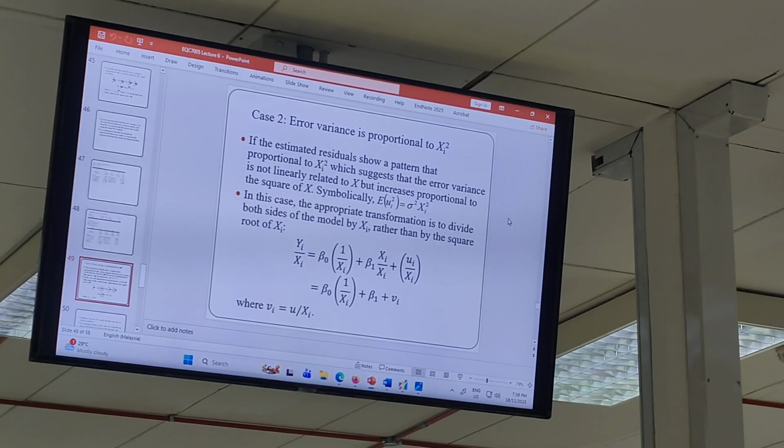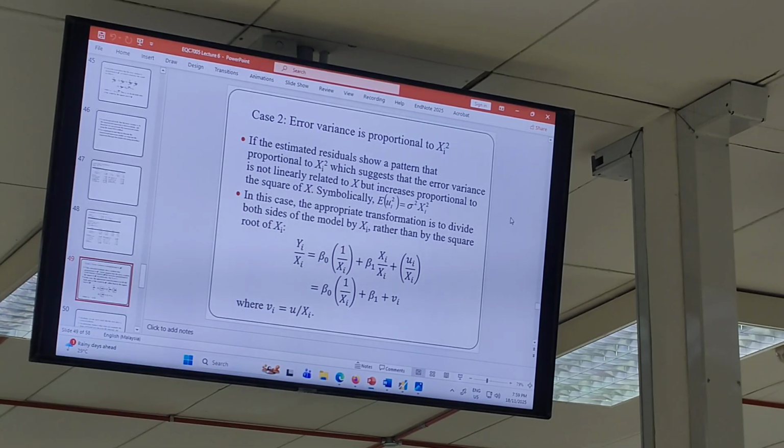And then if let's say you tried the first case but still are unable to remedy it, you still fail the test, then you can try another assumption that the error variance is proportional to x squared. So if the estimated residual shows a pattern proportional to x squared, it suggests that the error variance is not linearly related to x, but increases proportional to the square of x.